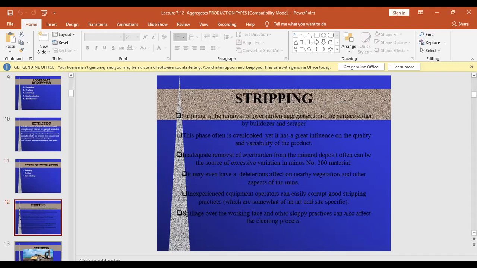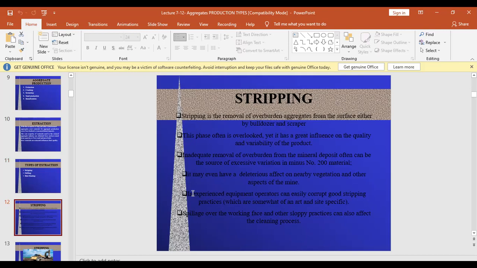When we say stripping, it is the removal of overburden aggregates from the surface, either by bulldozer or scraper. This phase is overlooked, yet it has a great influence on the quality and variability of the product. Inadequate removal of overburden from mineral deposit is often the source of excessive variation in -200 material. It may have a deleterious effect on nearby vegetation and other aspects of the mine.